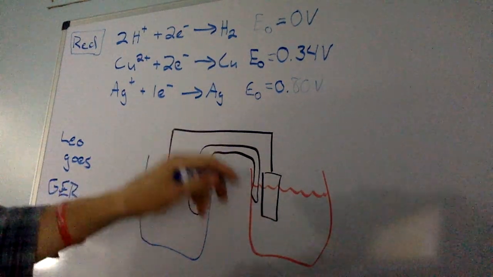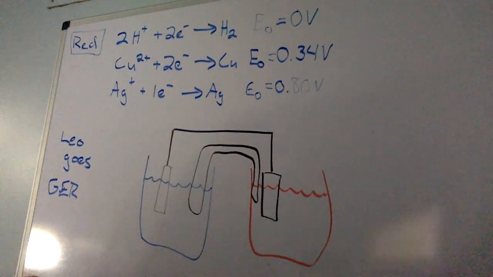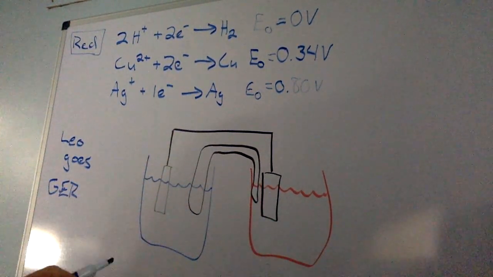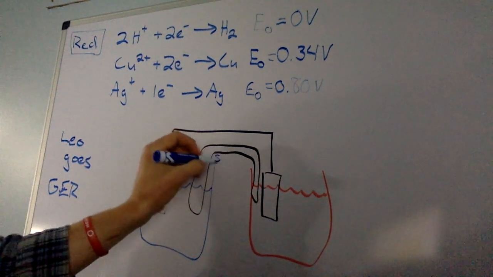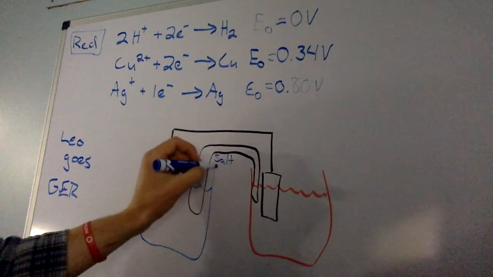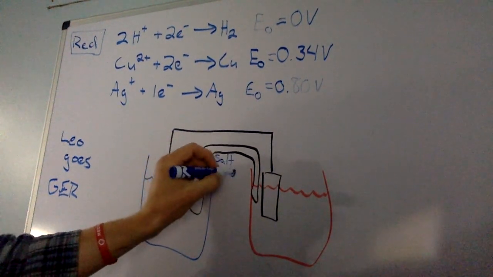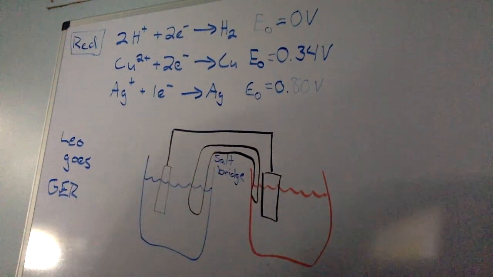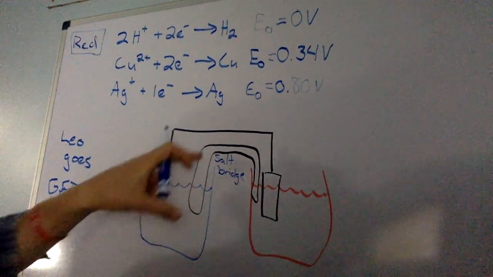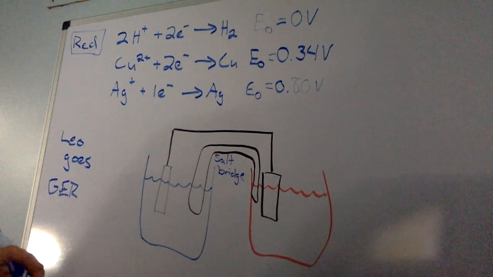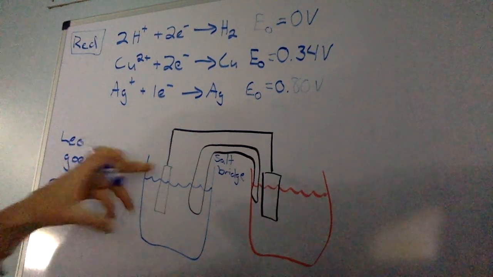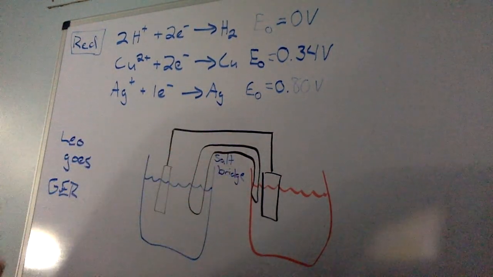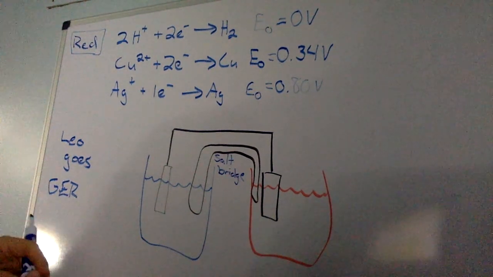But we also need to be able to have some of the ions in solution move side to side. So we've got what's called a salt bridge here. This salt bridge lets maybe nitrate ions or potassium ions or something small like that move between the solutions so that they don't become charged, because that's impossible.